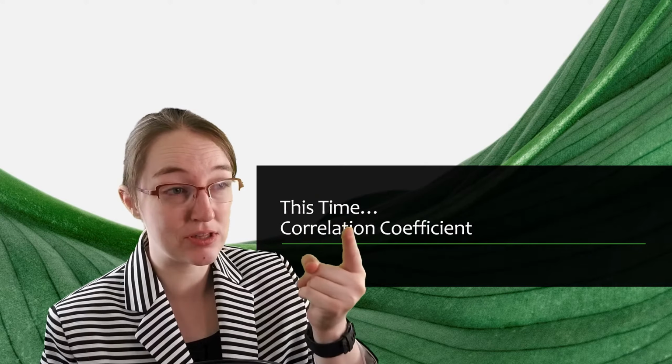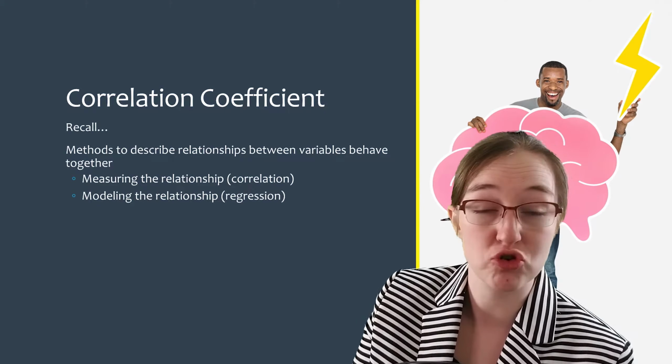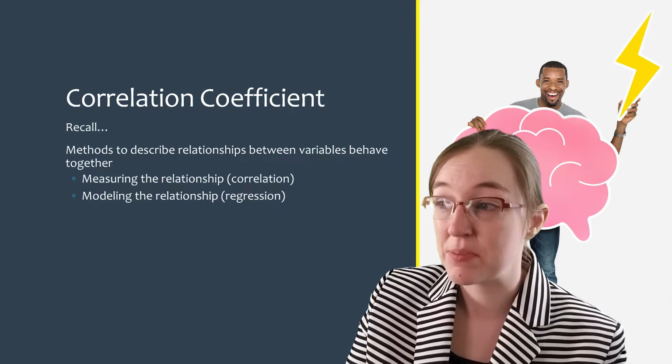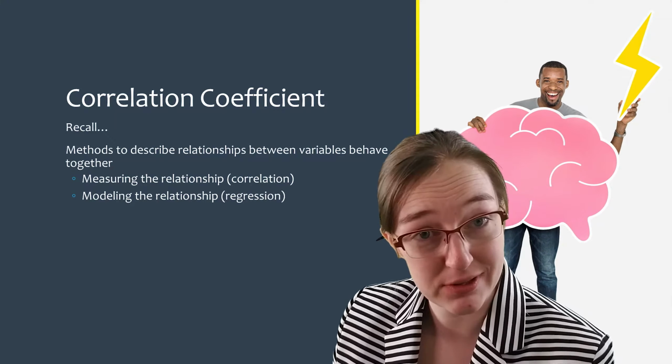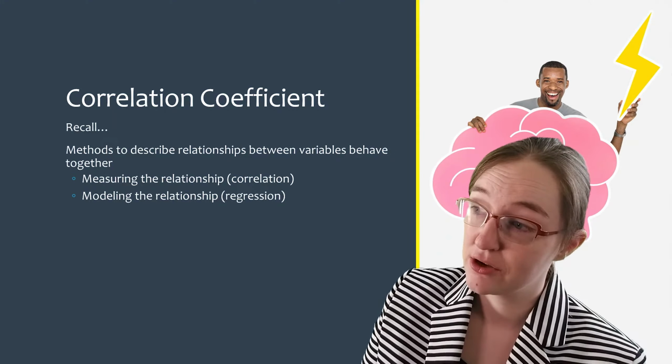All right. So, just so we're all on the same page, correlation coefficient is one of many methods to describe how the relationships between variables behave together. We can think about the correlation as a way to measure a relationship versus a regression, which is about modeling that relationship.